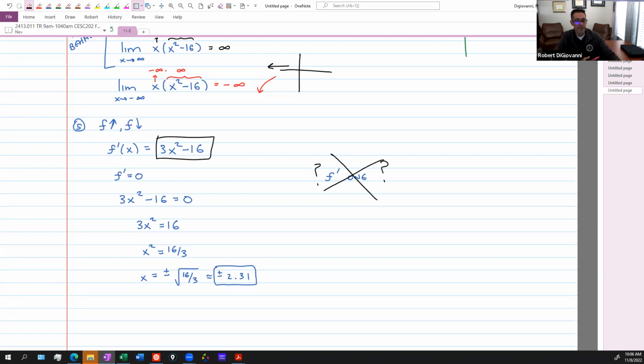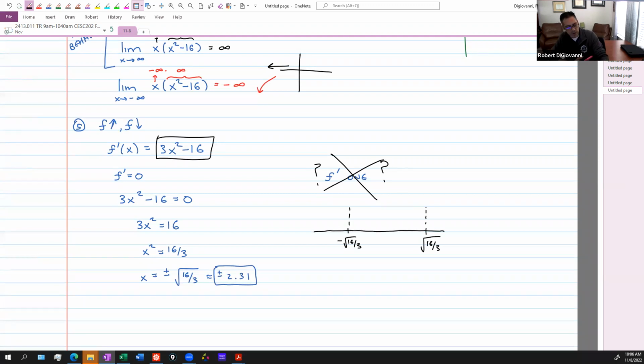Now what? Number line, test points, up, down, right? That's what we're doing next. Negative root 16 over 3, positive root 16 over 3.